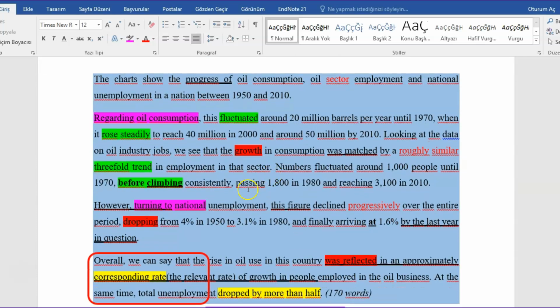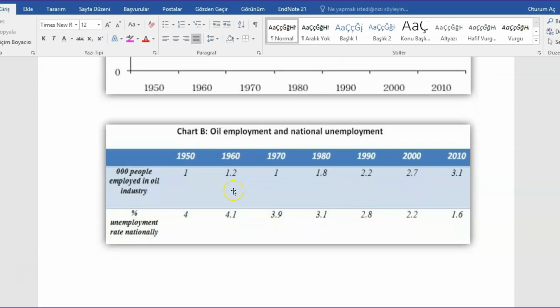That's important. Passing 1,800 in 1980 and reaching 3,100 in 2010, right? In that we saw an increased pattern, right? That's true.